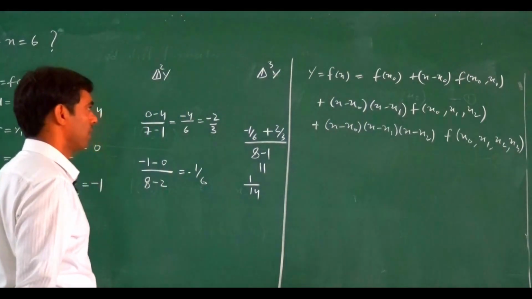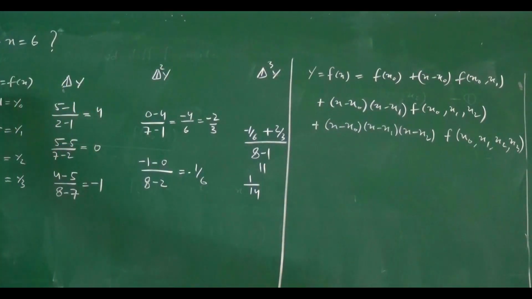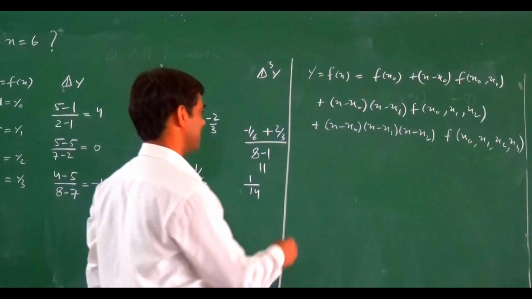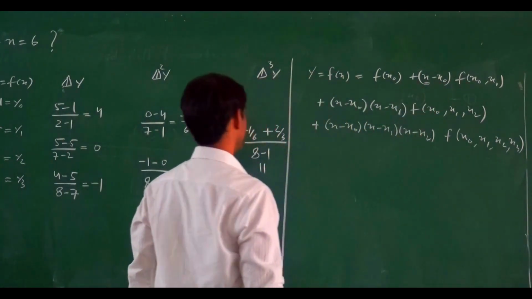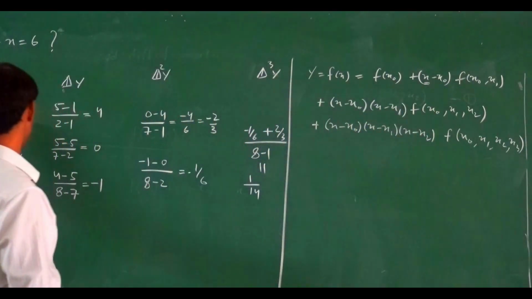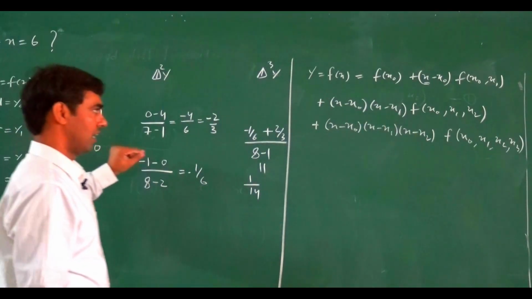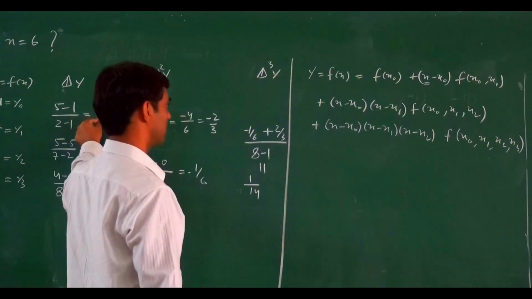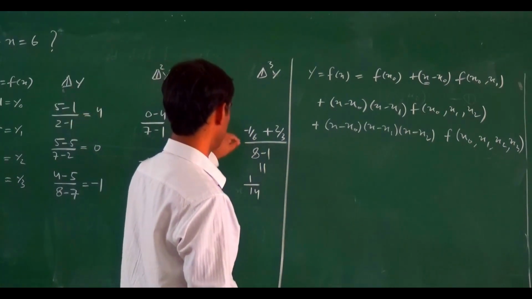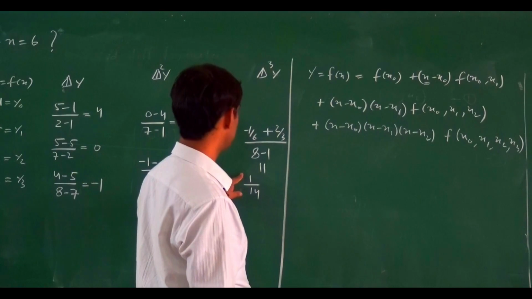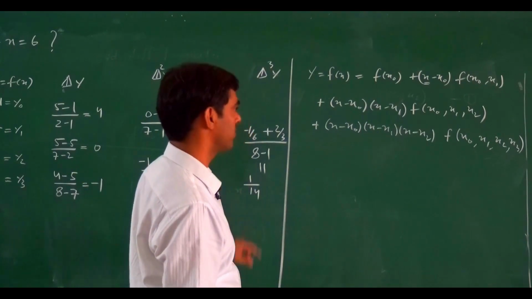So now we need to find the value of y at x equal 6. The value of x becomes 6. The value of f of x0 is 1, the first order divided difference is 4, the second order divided difference is minus 2 by 3, and the third order divided difference is 1 by 40.